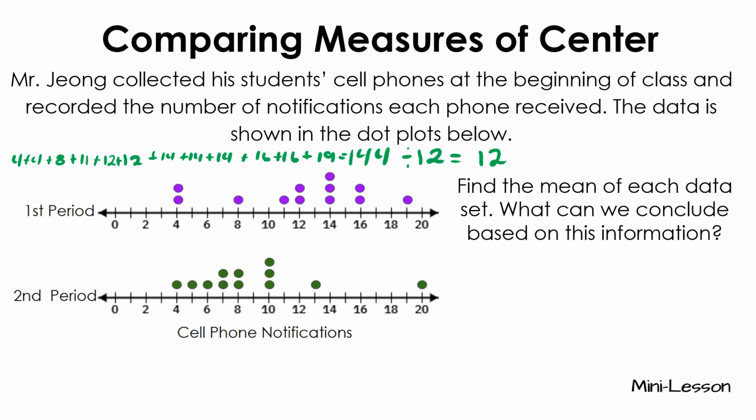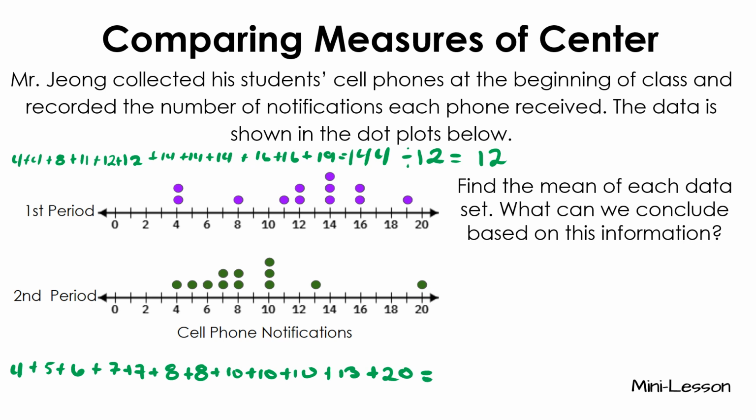Second period has 4 plus 5 plus 6 plus 7 plus 7 plus 8 plus 8 plus 10 plus 10 plus 10 plus 13 plus 20.